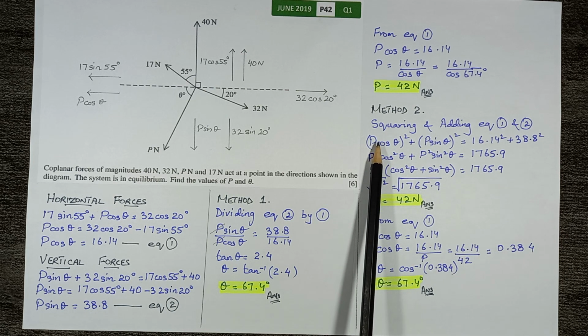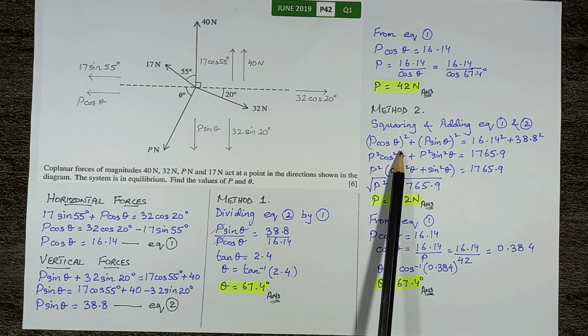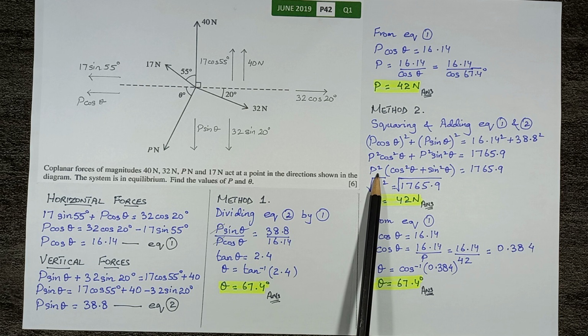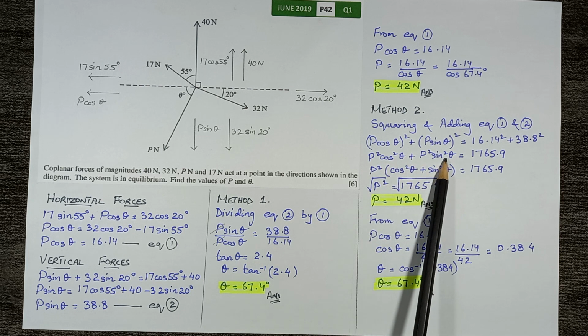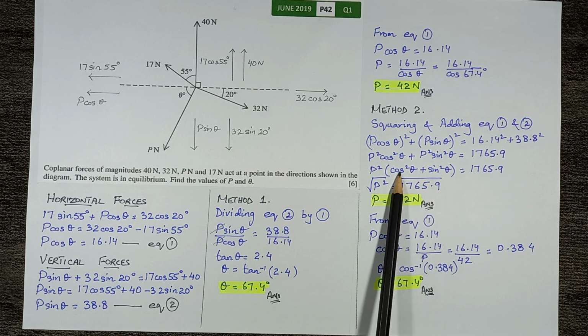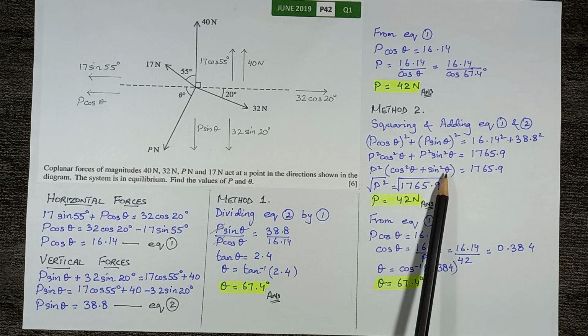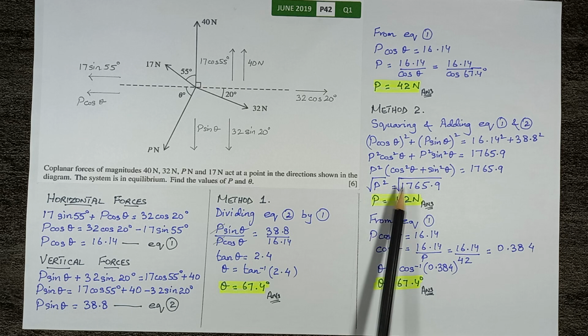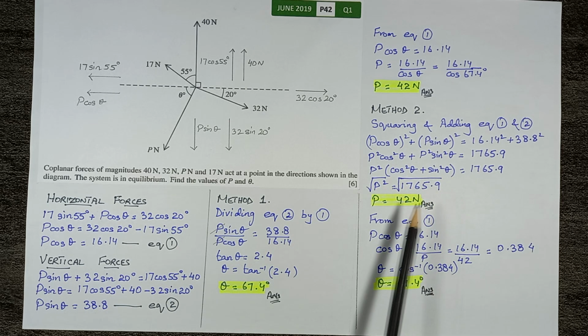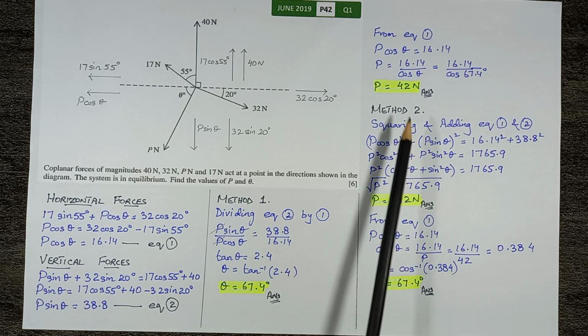If we simplify the bracket, P squared cos squared theta plus P squared sin squared theta, taking P squared as common, we are left with cos squared theta plus sin squared theta, and according to the identity, cos squared theta plus sin squared theta is 1. So we are just left with P squared equals 1765.9, and taking the square root, we have the same answer which we got from here.